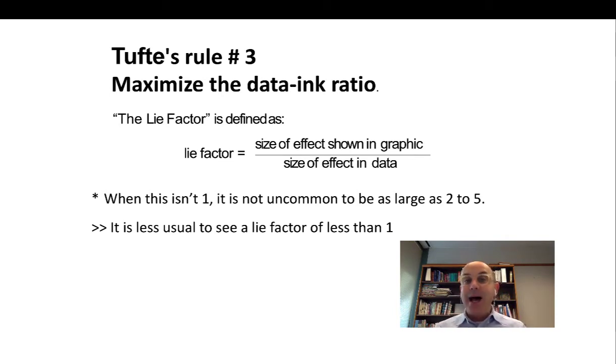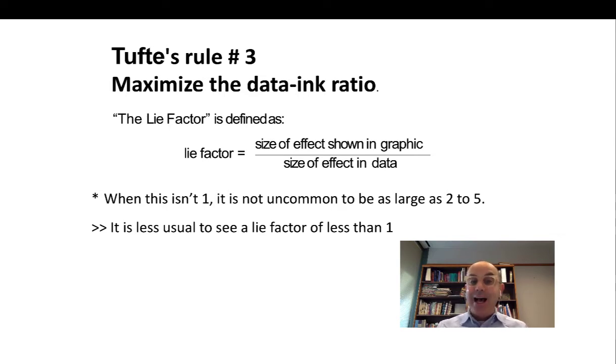Maximize the data-ink ratio. And this is what is called the lie factor. The lie factor, according to Tufte, is the size of the effect shown in the graphic divided by the size of the effect in the data. So when this isn't 1, it is not uncommon to be as large as 2 to 5.